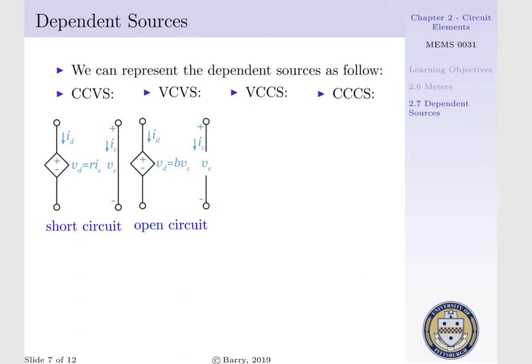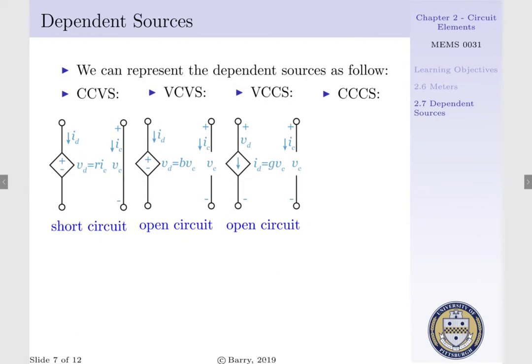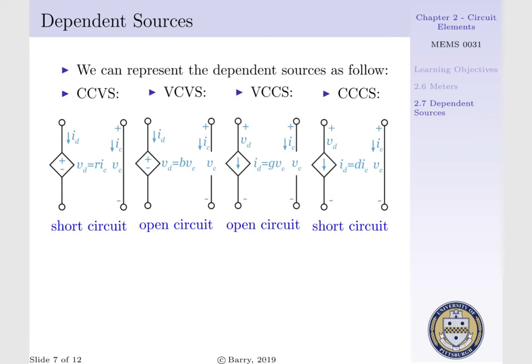Looking at our VCCS, we can say ID is equal to G times VC, where once again VC is the voltage potential across an open circuit. And lastly, looking at a CCCS, we can say ID is equal to D times IC, where IC can be represented as the current flowing through a short circuit.